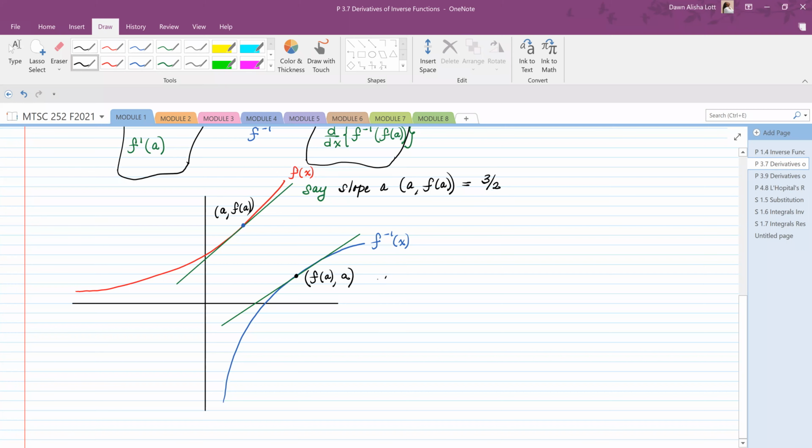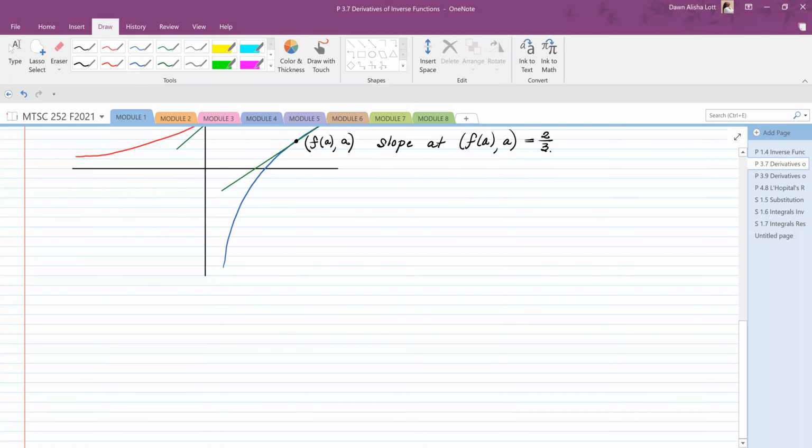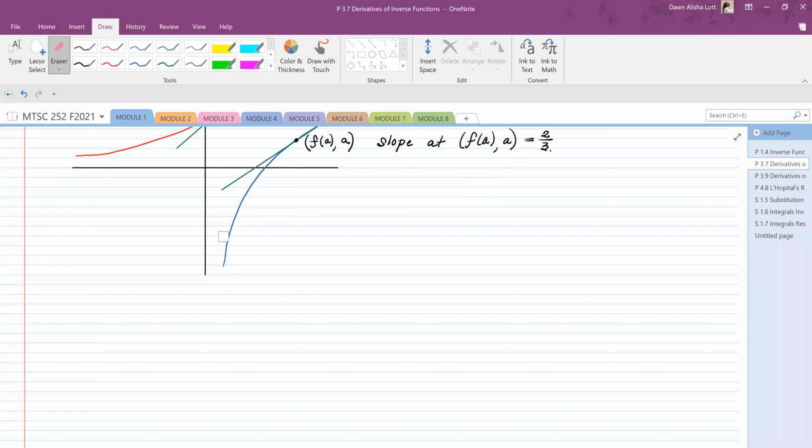Then the slope at f of A, A will be 2/3. All right, so here's our formula in order to figure it out. You will need to know this. This will be on the test. This will be on the final.